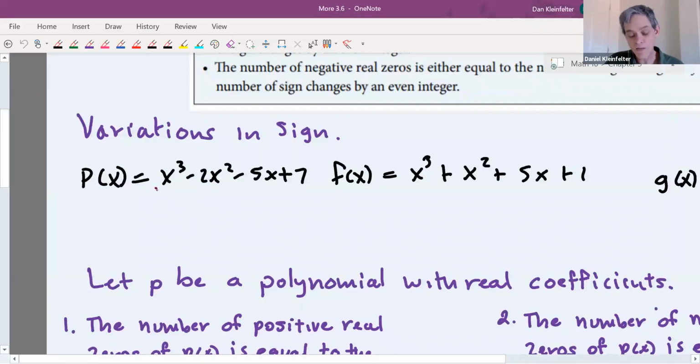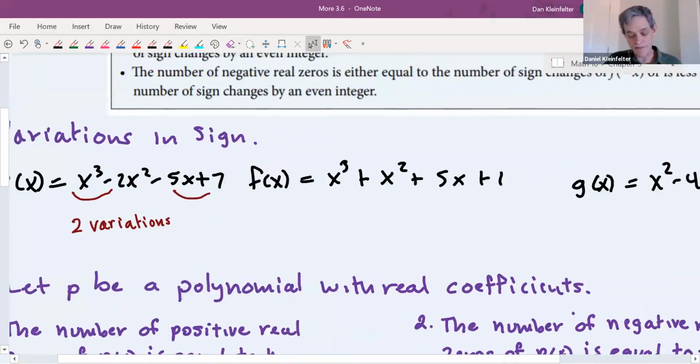So it switches from a positive to a negative coefficient there. That's one variation in sign. Then from negative 2x squared to negative 5x, still negative. From negative 5x to positive 7, that's switching from negative to positive. So there are two variations in sign.